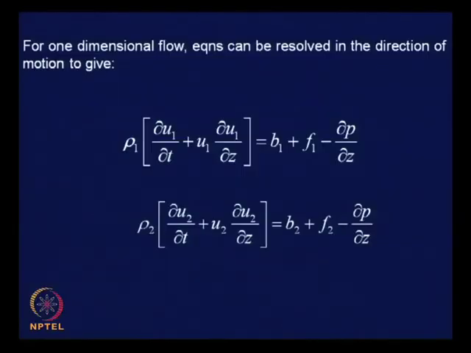Now, if you remember how we derived this particular equation, do you remember what we did in that case? If I just go through the derivations, you will understand how we derived this equation.